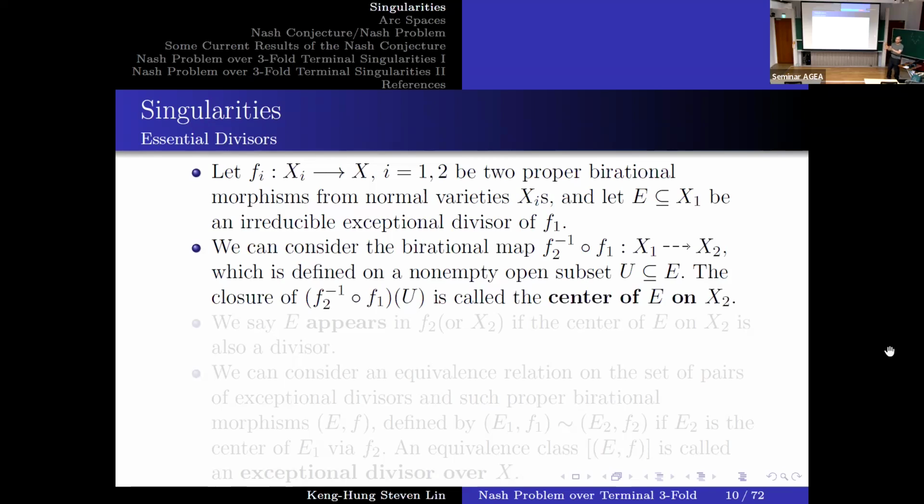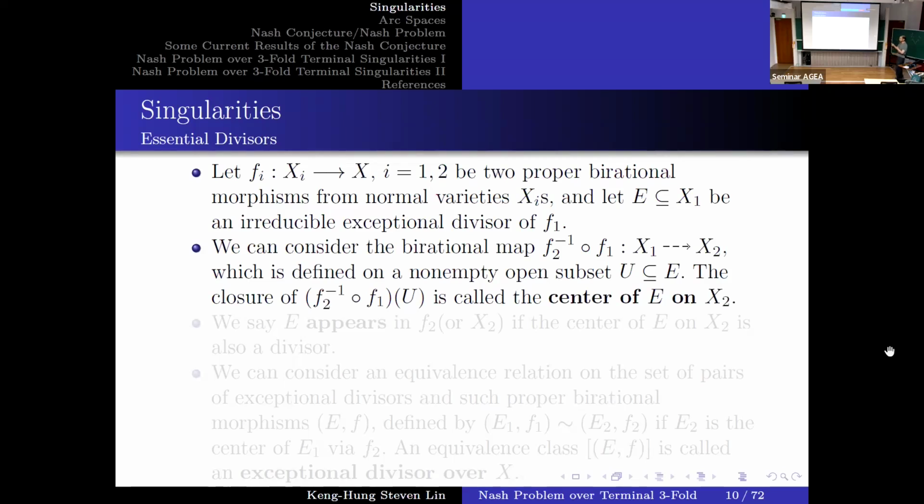So how do we transport our exceptional divisor from X1 to X2? Here is how we formalize it, because we know that X1 and X2, being resolutions, are normal.